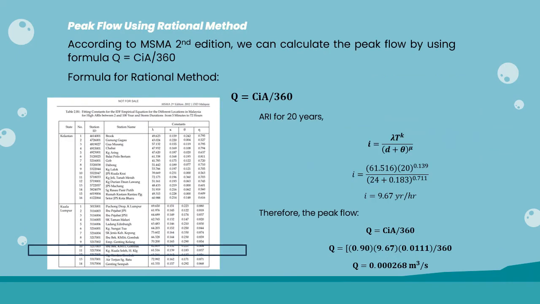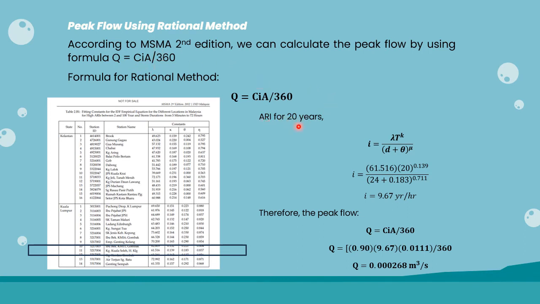So to calculate the peak value using the rational method, the first thing we must refer to is MASMA second edition, which states the peak value Q equals CIA over 306.